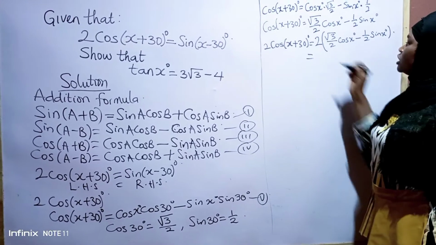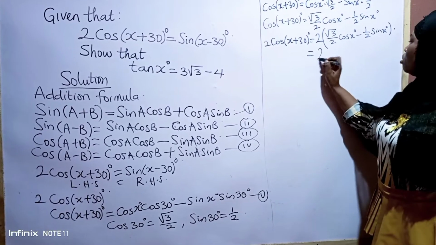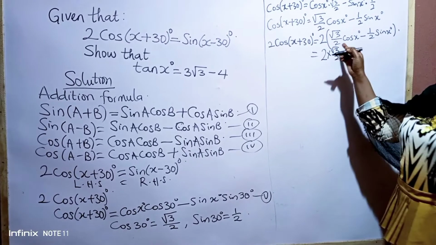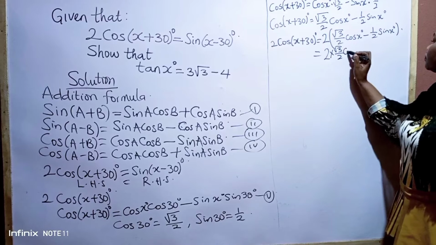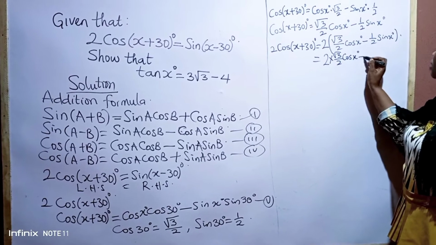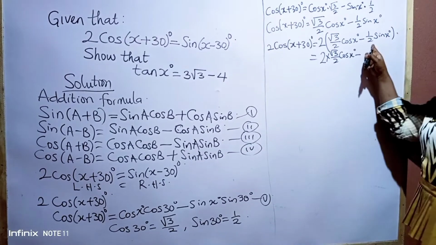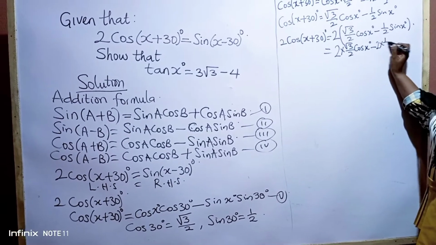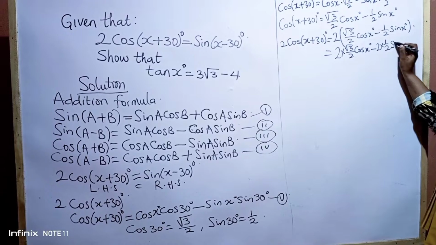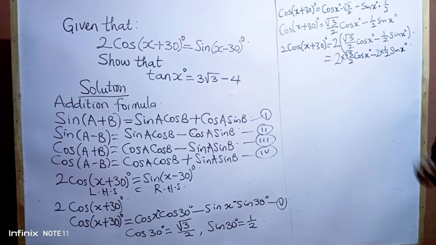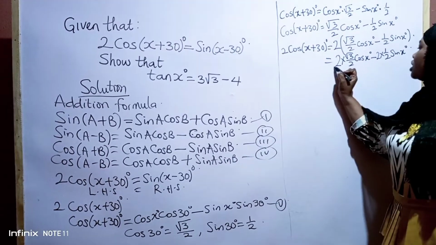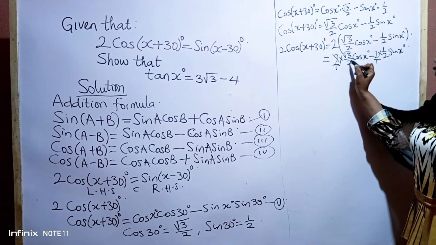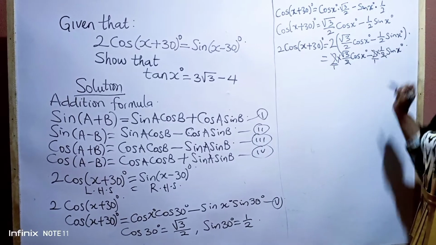So let's do the expansion. 2 multiplied by √3 over 2, we want to expand, so then cos x° minus, use 2 to multiply 1 over 2 as well, so 2 multiplied by 1 over 2 sin x°. This one is the same thing as 2 over 1, and this one is the same thing as 2 over 1. So this 2 will cancel this 2, and this 2 will cancel this 2.